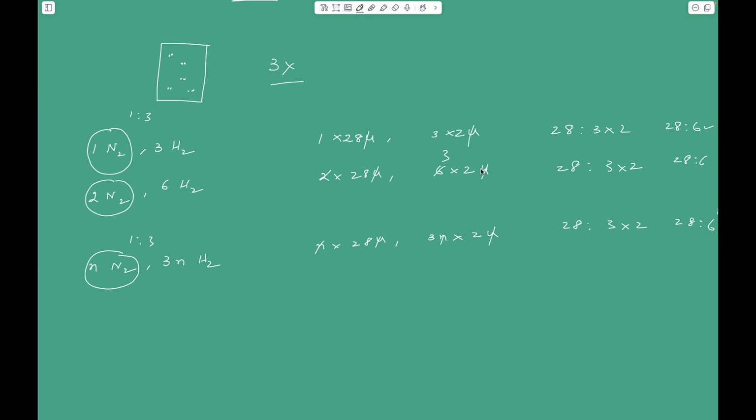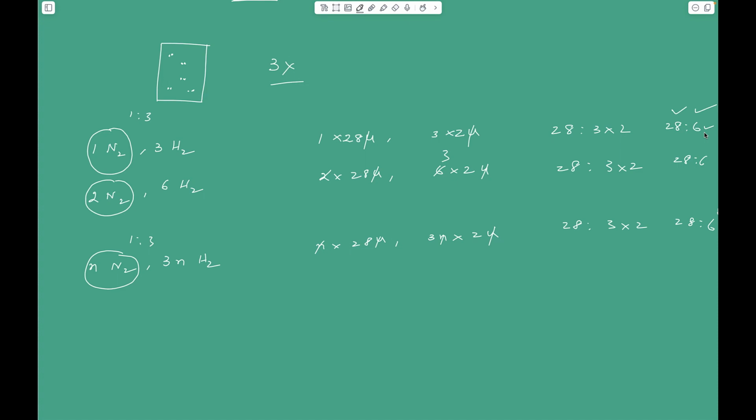What we understood from this is, if the nitrogen and hydrogen molecules are in the ratio of 1 to 3 in the samples of nitrogen and hydrogen that we took respectively, then their masses are always in the ratio of 28 to 6. Then is the converse also true?